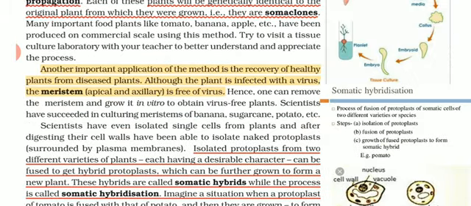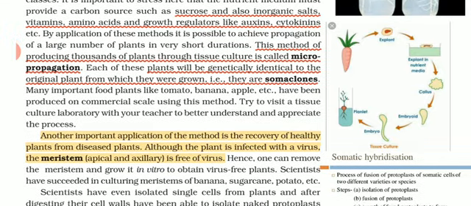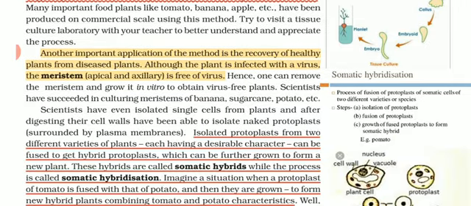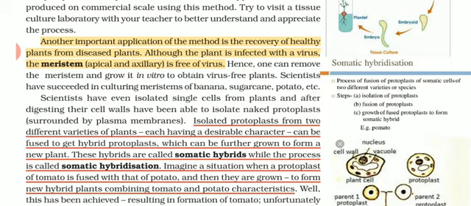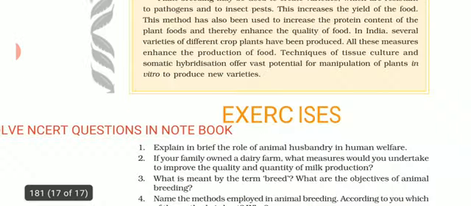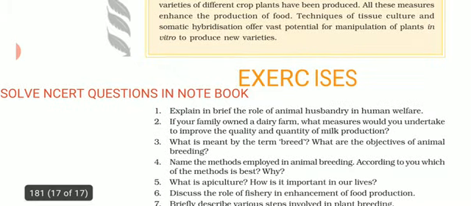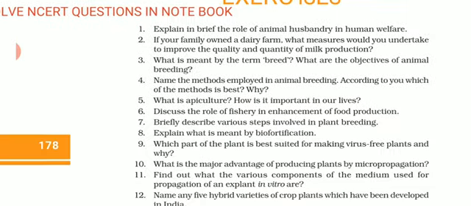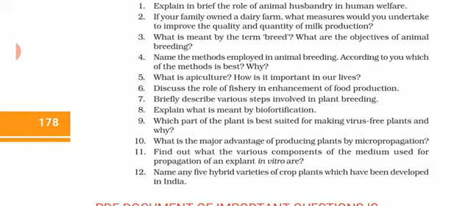So today we have studied biofortification, then tissue culture, then meristem, then the last topic we have studied is somatic hybridization. So after this you have the assignment to complete these NCERT questions in the notebook. So 12 questions are there.